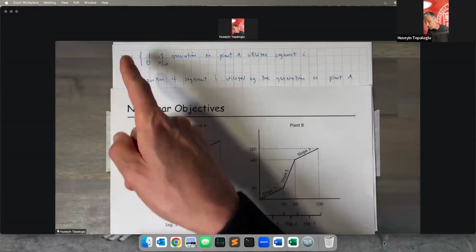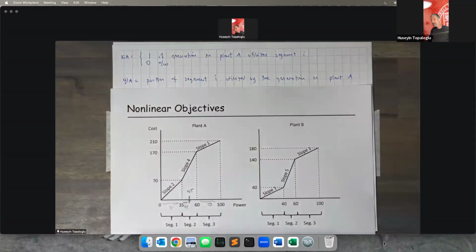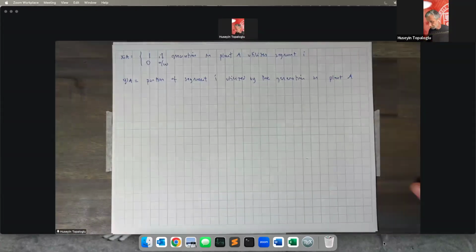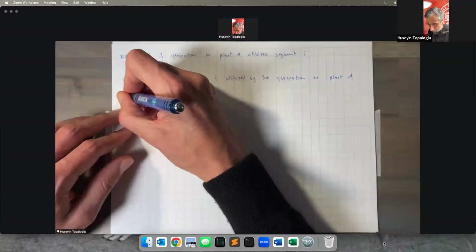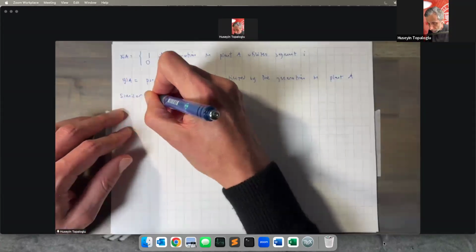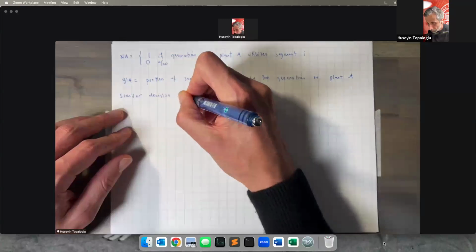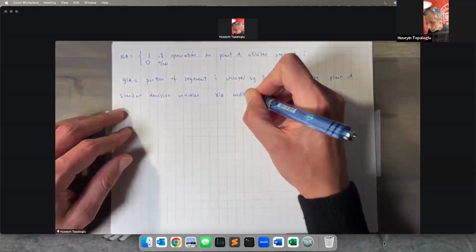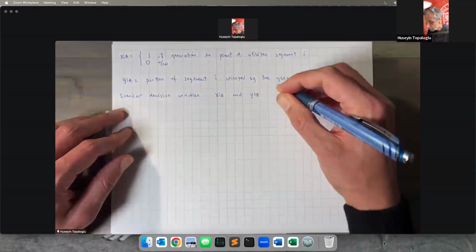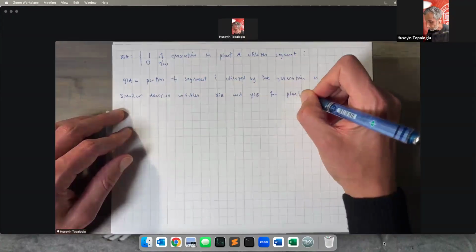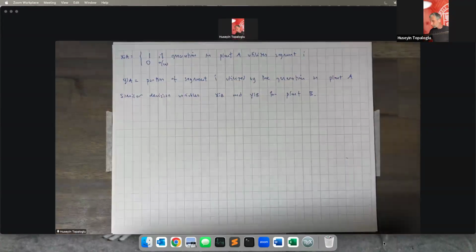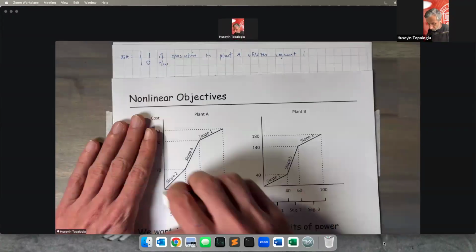And we have the same decision variables for plant B, x_ib and y_ib. Great. So then let's first think about the cost of generation in each of our plants.